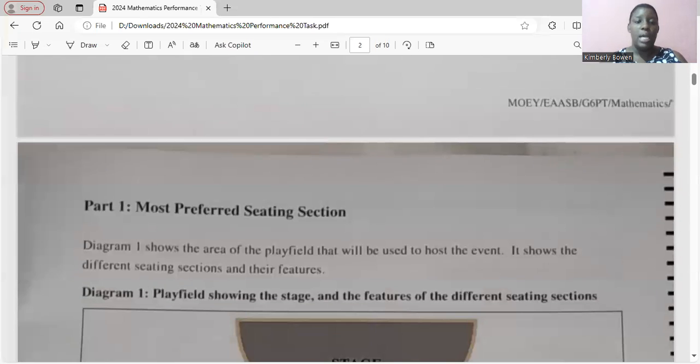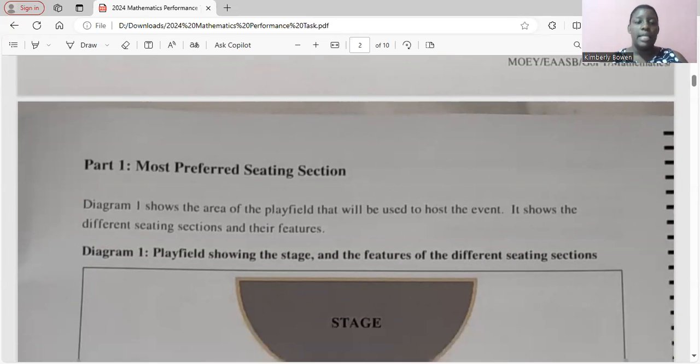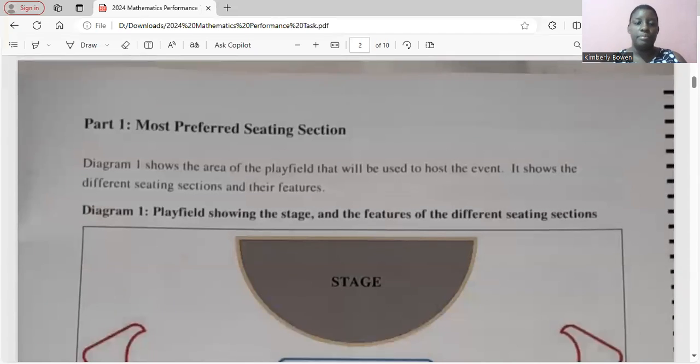Part one, most preferred seating section. Diagram one shows the area of the playfield that will be used to host the event. It shows the different seating sections and their features.